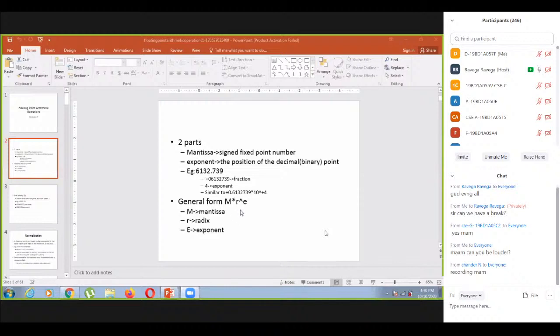Normally, the general format for floating point numbers is m into r to the power of e. Here, m is the mantissa, r is the radix or base, and e is the exponent.